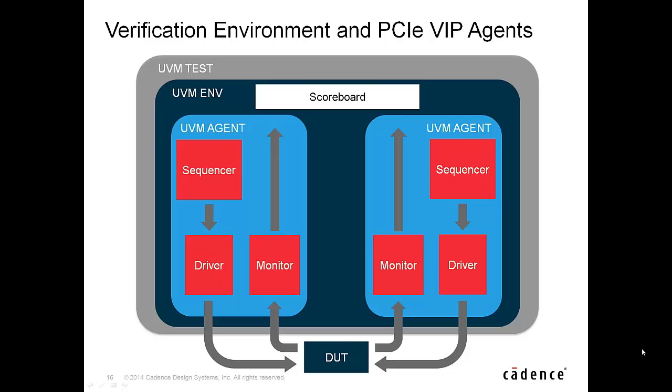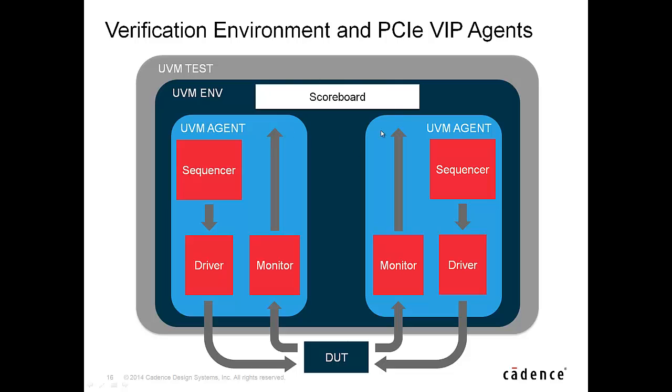A scoreboard is used for two main functions. It may model a transfer function or reference model, or it could be used to store the data and simply check the output and compare the expected data with received data. As you can see here, the monitor collects the data from the DUT interface and sends it to a scoreboard, and it could be from various interfaces of the DUT.